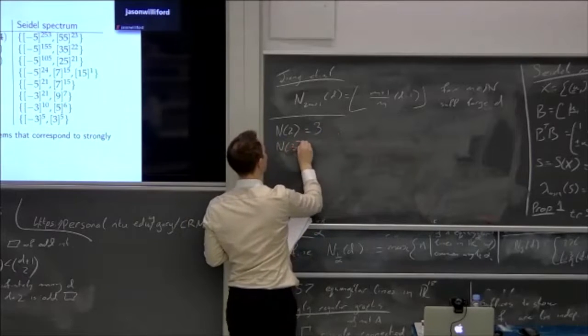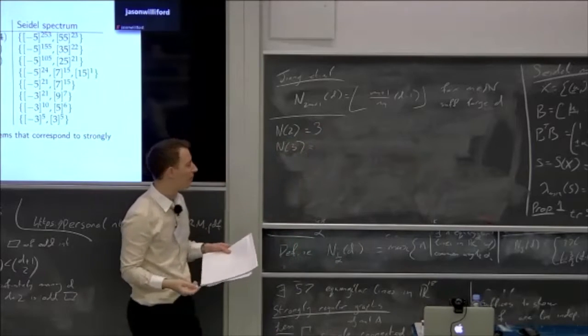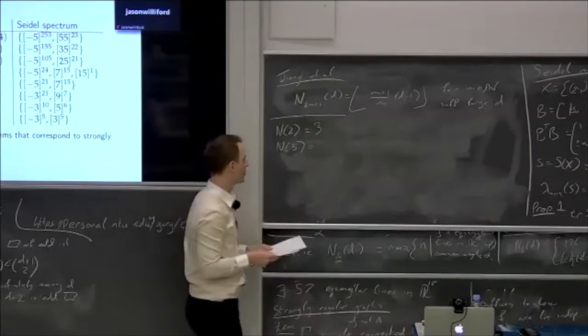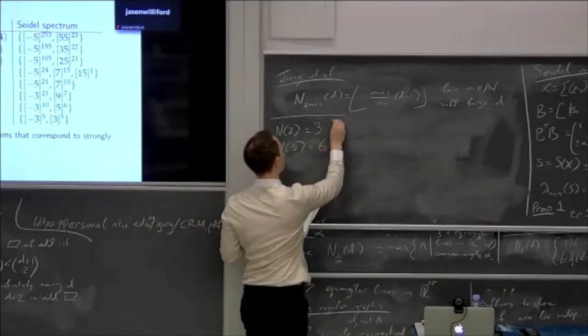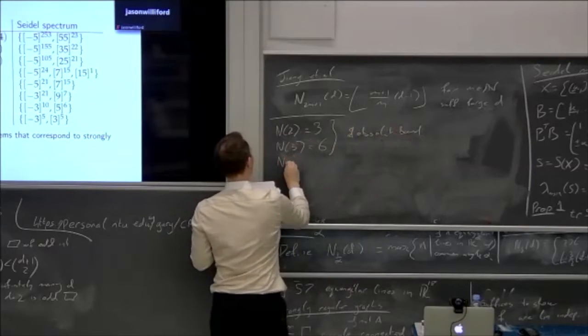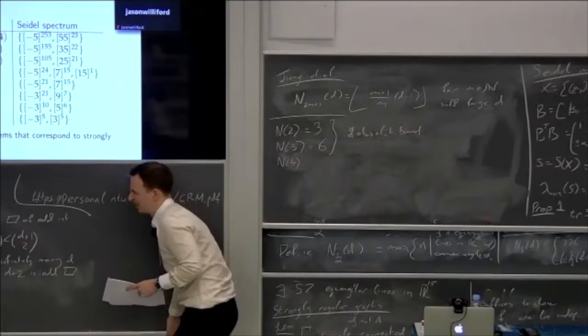And the same thing for dimension 3. We saw we can get 6 lines from the icosahedron, and the absolute bound also gives us 6. So these things both follow from the absolute bound. Okay, N(4). Maybe I should just show you the table at this point for comparison.